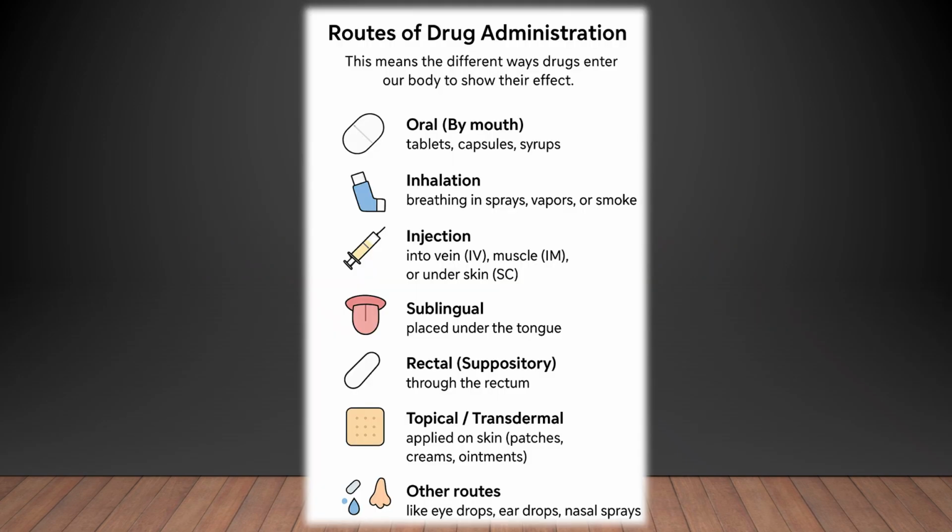Now let's understand the routes of administration. Drugs can enter into our body in many ways, which we call the route of administration. The most common is by mouth, by swallowing tablets, capsules and syrups. The next one is inhalation, like breathing in sprays, like asthma sprays, vapors, and nebulizations.